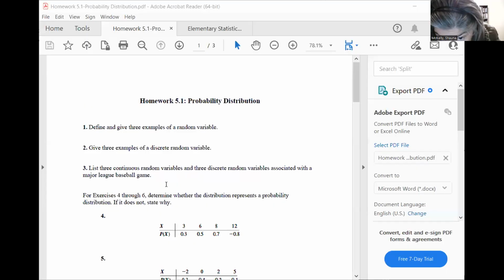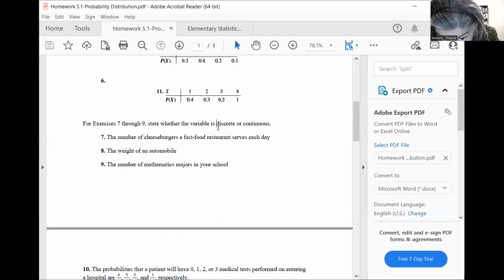Here's our homework. Define and give 3 examples of a random variable. Now, as we saw, what are we going to put? We're going to put what I showed you in the box.